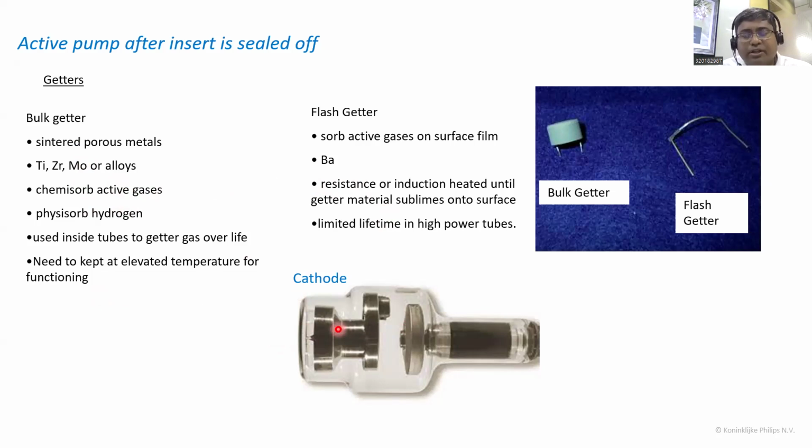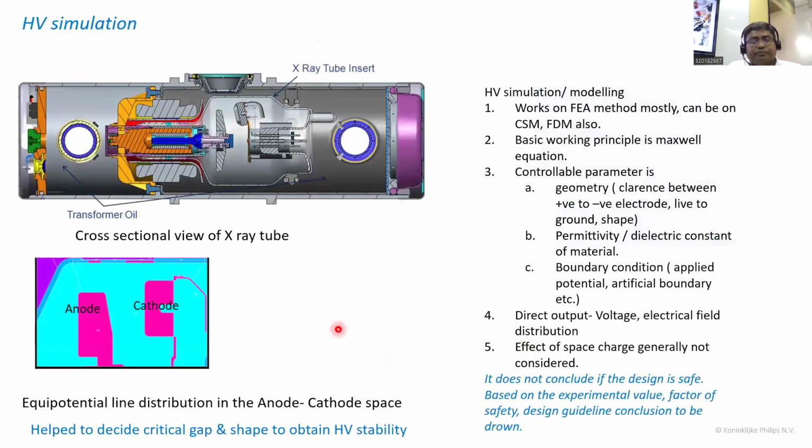And throughout the life of the X-ray tube, we do not have to do anything. Those deposited powder do their job, they absorb the gases. So that's how the vacuum part of the X-ray tube is taken care of by vacuum level design and the getter design.